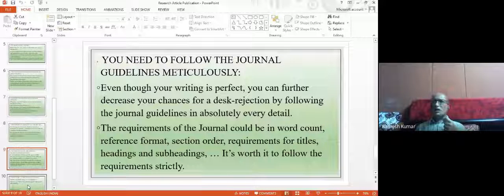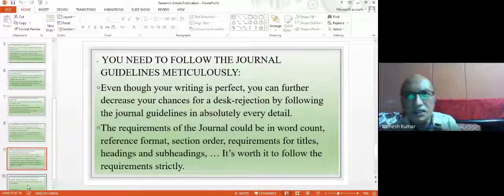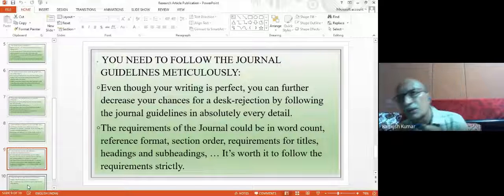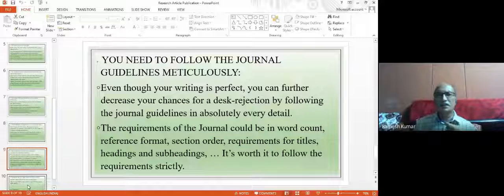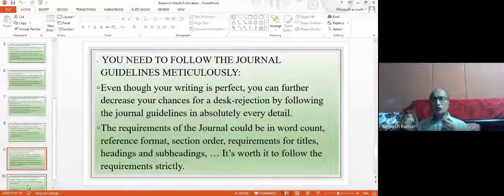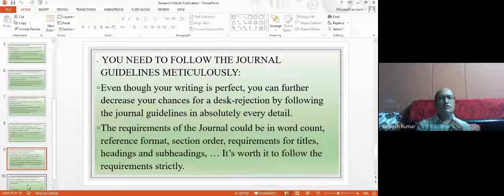They know for sure that you have not gone through the guidelines and have not followed their requirements as far as your writing is concerned, and obviously they will feel that they have been betrayed, and they will think that no, this is not needed. However good your article may be, they may simply throw it out. So you have to be very careful about that.